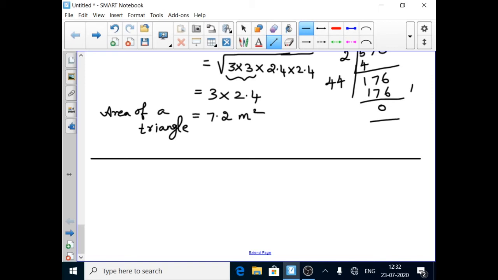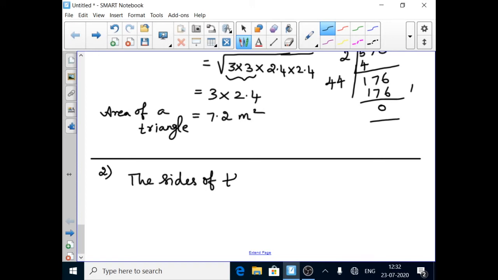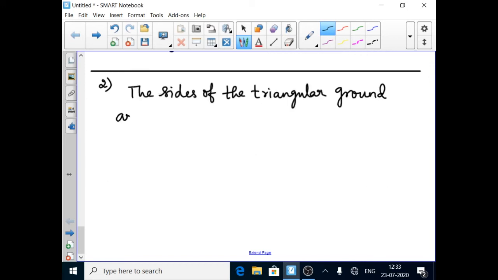So first you can write the values. The sides of the triangular ground are 22 meter, 120 meter and 122 meter.